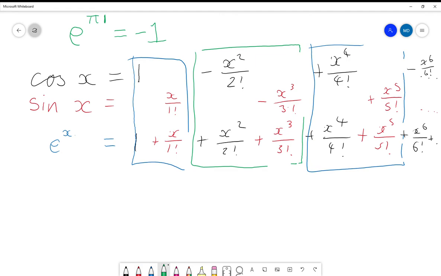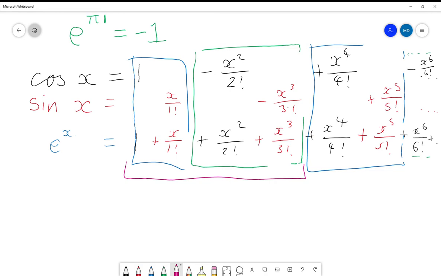And the same, the x to the 6 and the x to the 7 will have different signs. So for cosine and sine, they're negative, but for the e to the x, they're positive. And this is a pattern of order 4. It switches every 4 terms.